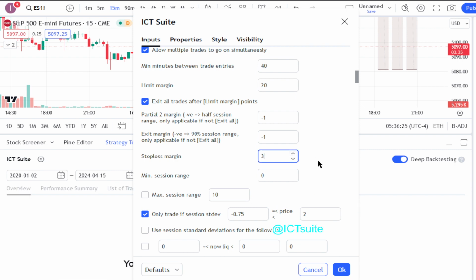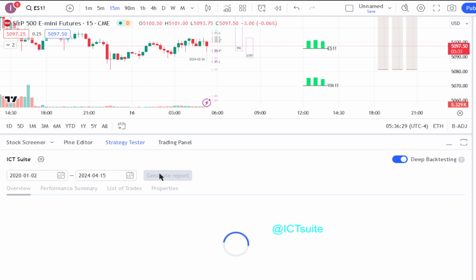Let's increase to a 3 points stop loss. So ICT suite, I use it for my own trading and investing.